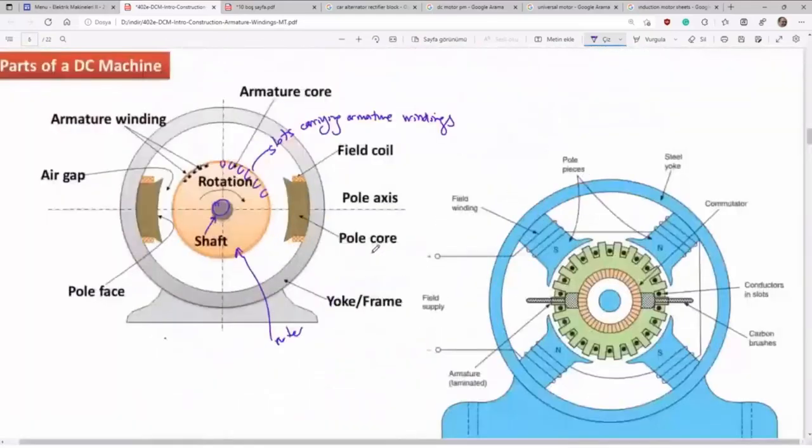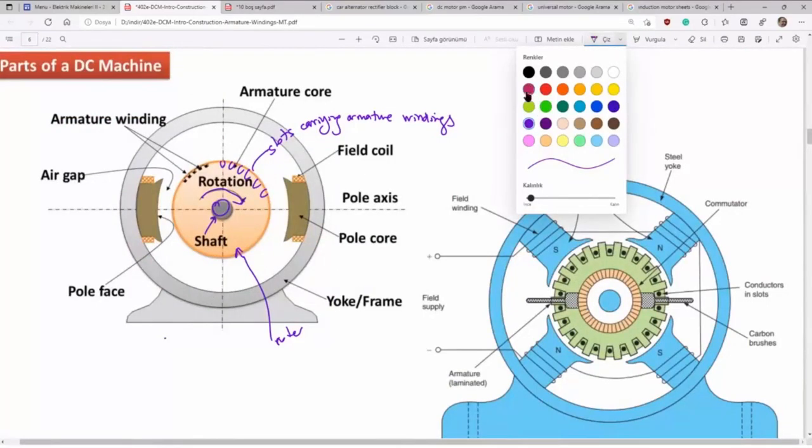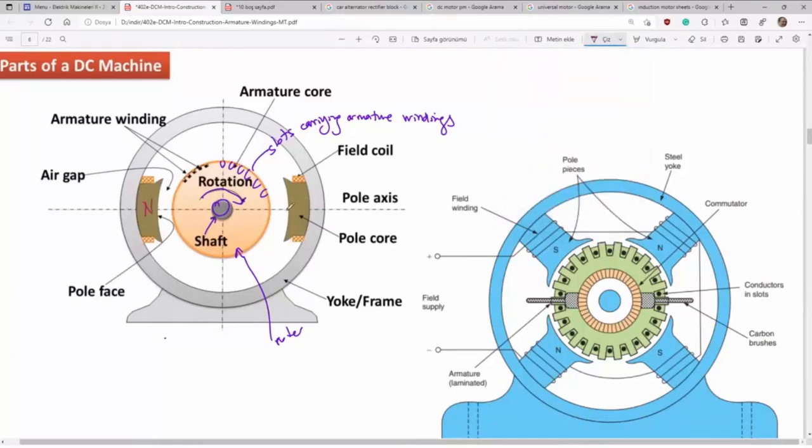Yes, here would be some rotation. Let me show you why we need to use silicon steel sheet material in rotor portion. Take care. Let's say here's N, here's S pole. When you rotate rotor, this point, for example, it is just under the N pole right now.